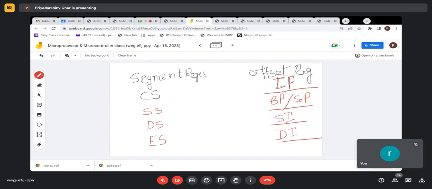Now next one. This is segment register. Suppose this is code segment.